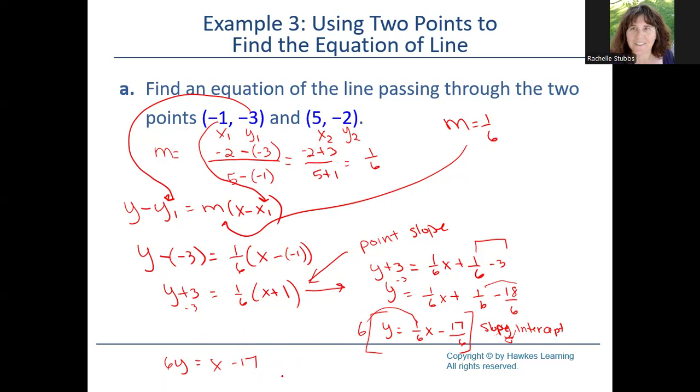Then I'm going to subtract the x from each side. So I end up with 6y minus x equals a negative 17. And then I can arrange that so it's a negative x plus 6y equals a negative 17. And I can leave it right there and we're good. We're in standard form right here. You can multiply a negative 1 through, but you don't need to.